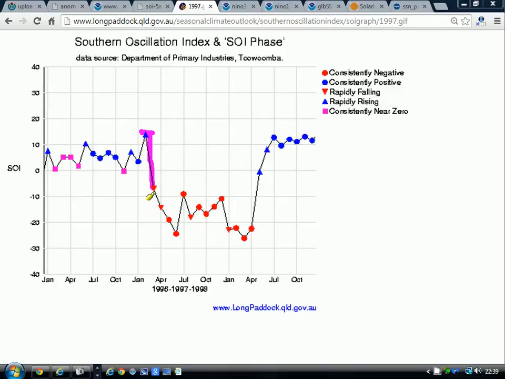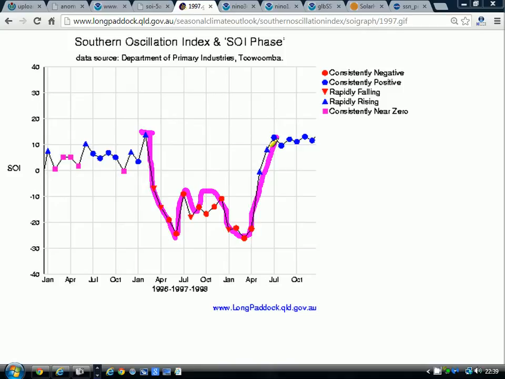Then April, May, June, we fall off the cliff in terms of the SOI. We don't come back then. We stay very negative throughout the rest of 1997, and we don't start to come back until we get into the spring of 98, when we push up positive, and that's as the La Nina develops through the course of 1998. But we haven't seen anything like this so far in terms of the SOI this year.